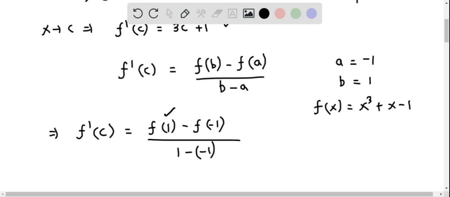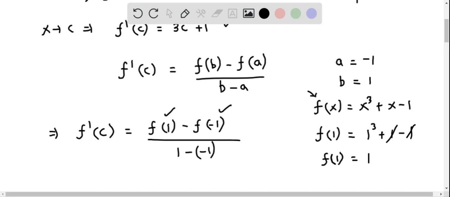And we have to determine f of 1 and f of -1. We can replace x by 1 to find f of 1. So this becomes 1 cubed plus 1 minus 1. 1 minus 1 is 0, and 1 cubed is 1. So f of 1 is 1.